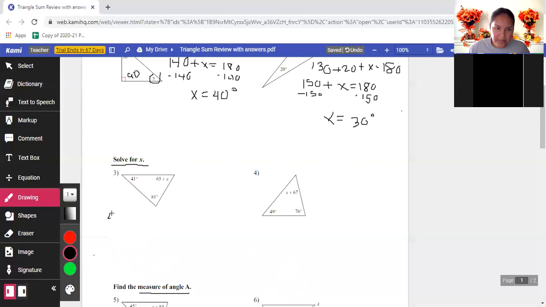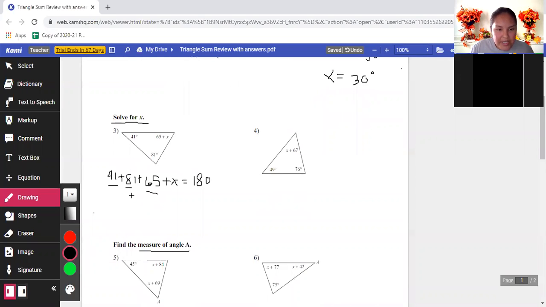So I have 41 plus 81 plus 65 plus that X, and it equals 180. So you're going to combine your like terms, which is 41, 81, and 65. So go ahead and add those up and tell me what you get.